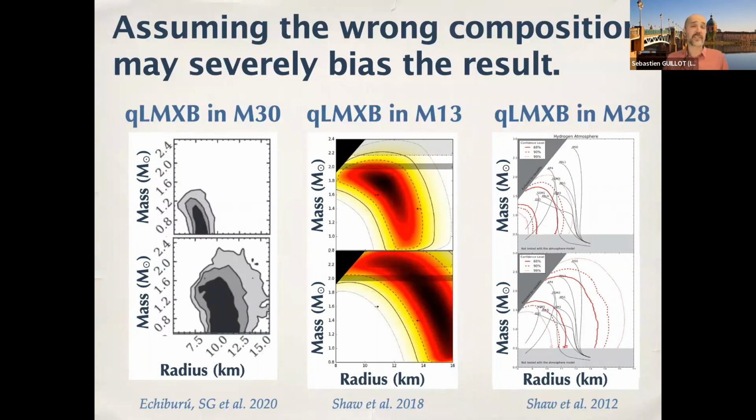So either we can try to identify the donor star to know what sort of material was given in the past to the neutron star, if it was hydrogen-rich material or hydrogen-depleted material. Or we can try to see if we can determine this from the spectrum.